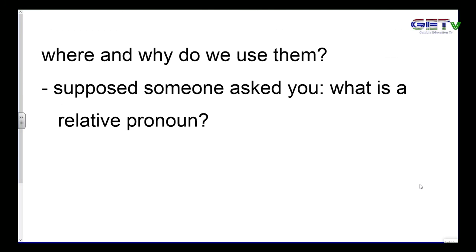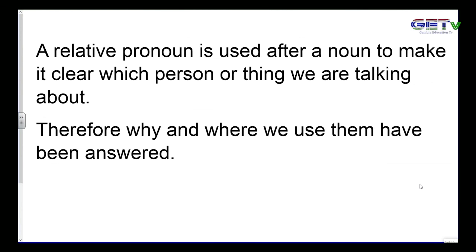Suppose someone asks you, what is a relative pronoun? You say, a relative pronoun is used after a noun to make it clear which person or thing we are talking about. Therefore, why and where we use them have been answered.